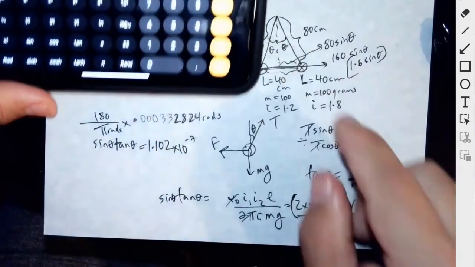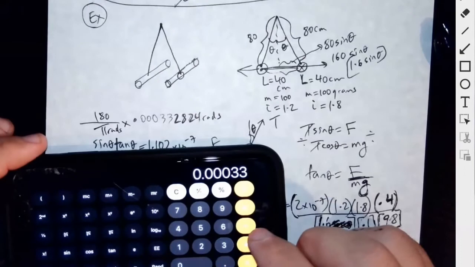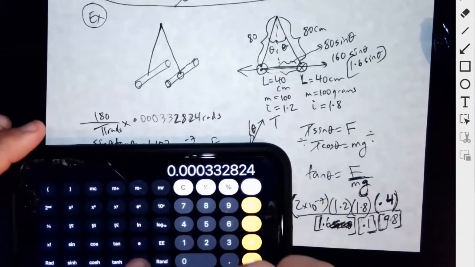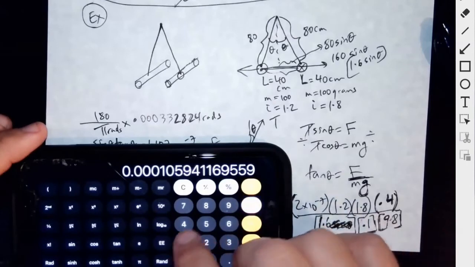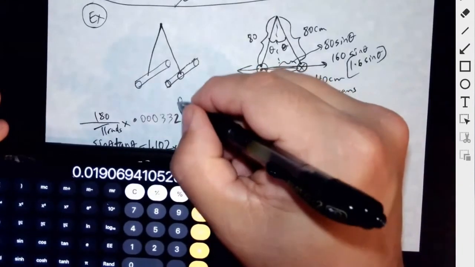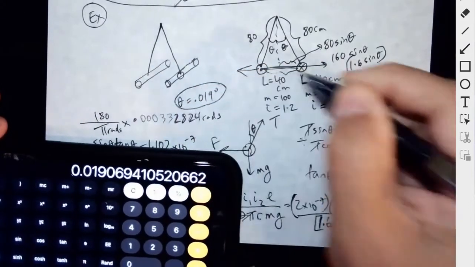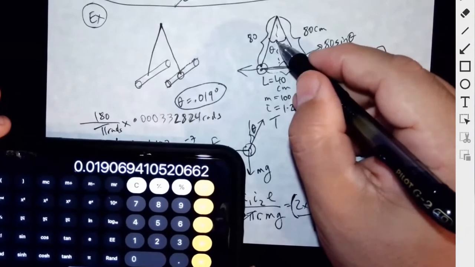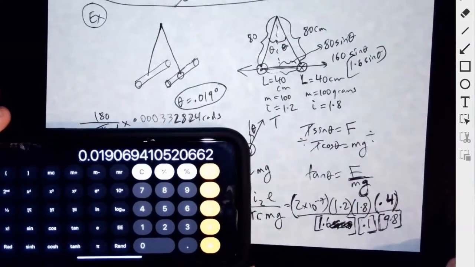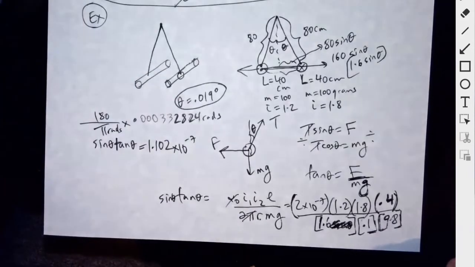So 0.000332824 divided by pi times 180. Okay, we'll get slightly bigger angle. 0.019 degrees. So barely noticeable. Slightly goes up. 0.019 degrees.